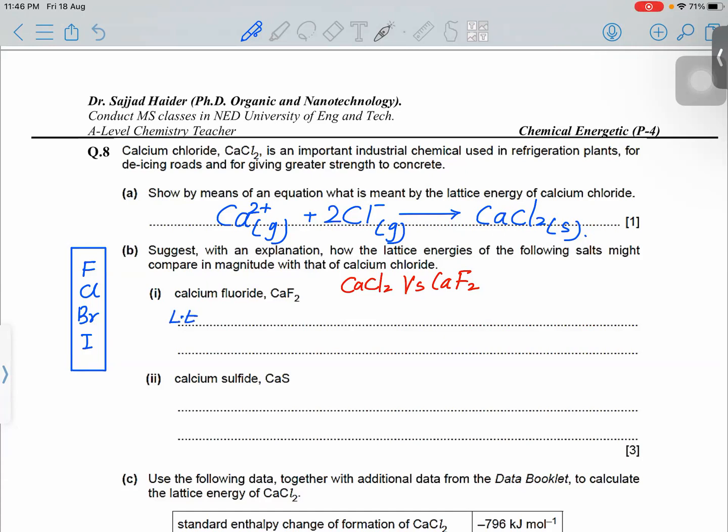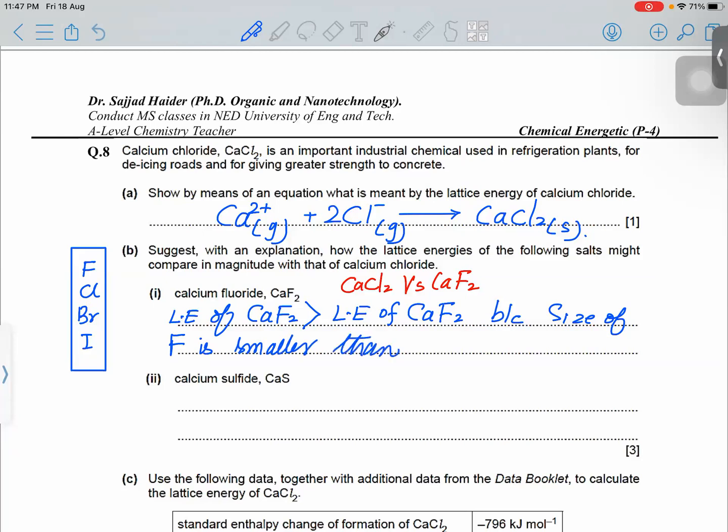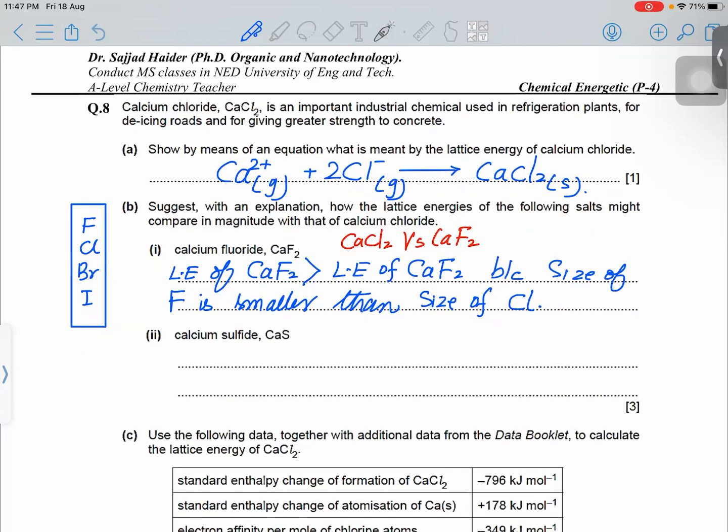The lattice energy of calcium fluoride is greater than that of calcium chloride because the size of fluorine is smaller than the size of chlorine.